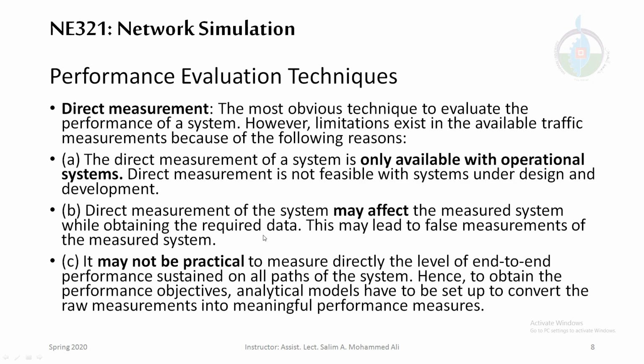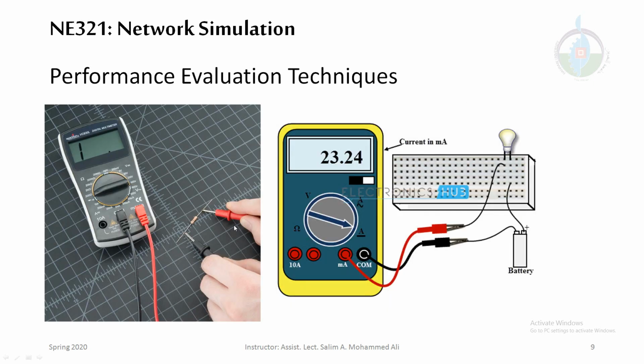This usually happens in the laboratory. We all have passed the electrical circuits lab. If you remember, if you are going to measure a resistance, for example, it has some tolerance, of course, so it is not accurate.